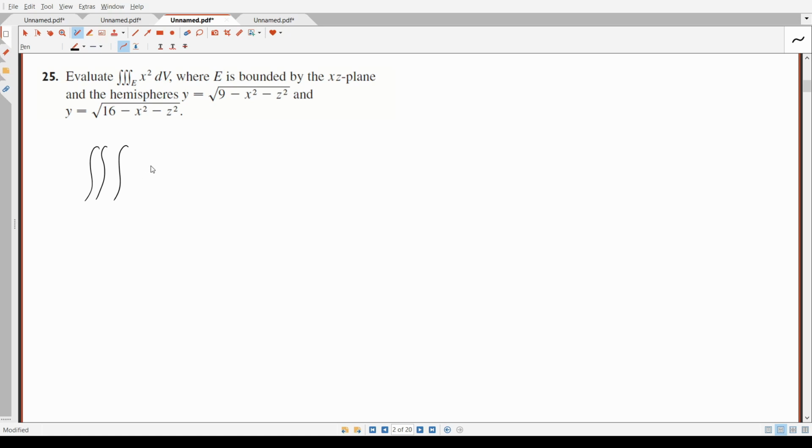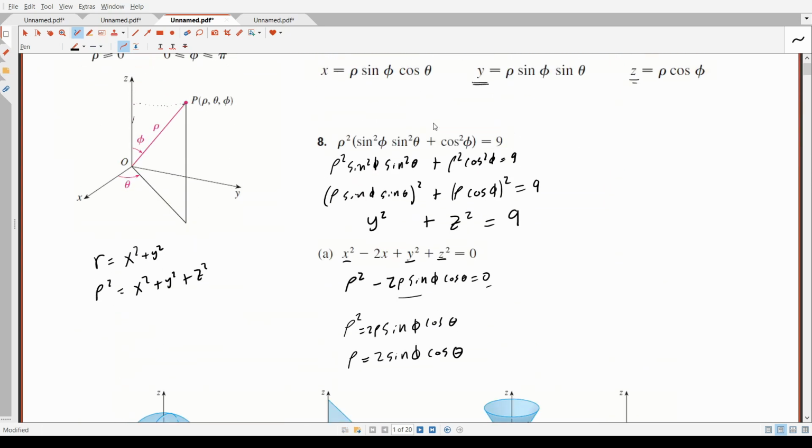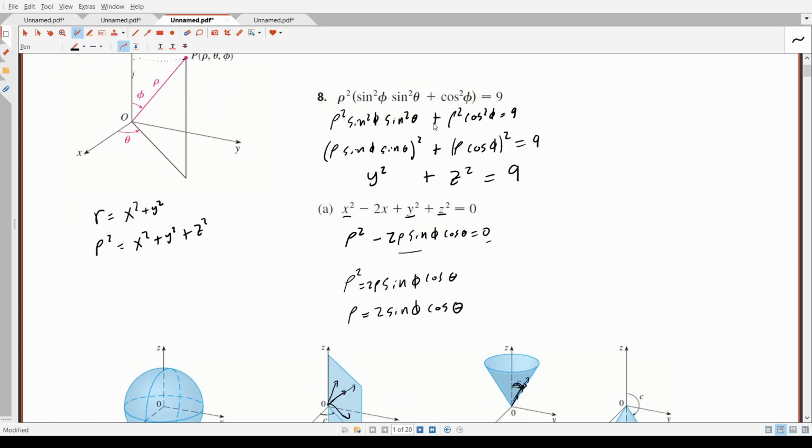So x was equal to rho, I think it was sine phi cosine theta. I'm going to scroll up and double check. Yes.